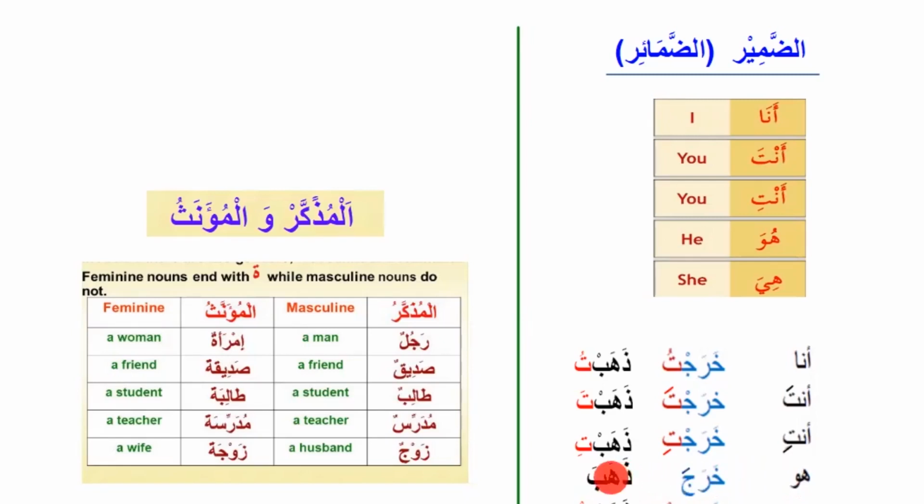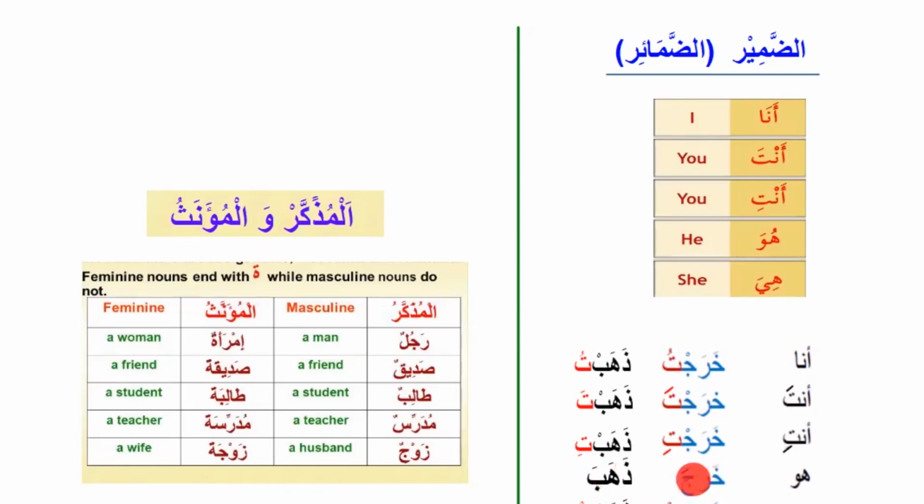So again, we are looking at two verbs: dhahaba and then kharaja. Dhahaba means he went. Kharaja means he left. Okay. So now, if I want to conjugate these verbs, dhahaba and kharaja, as I said, dhahaba means he went and kharaja means he left, and it always comes with he in Arabic.